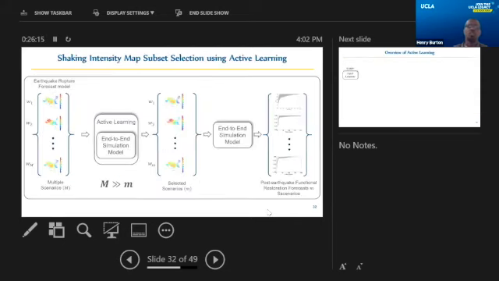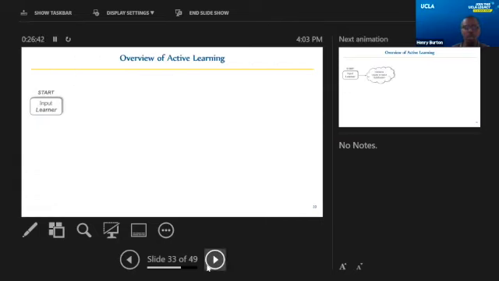So one of the things that we got into was using a technique called active learning that allows us to select a subset of events such that running the end-to-end simulation on that subset would give us approximately the same results as if we ran on the entire suite of scenarios. So just a quick overview of the active learning framework.